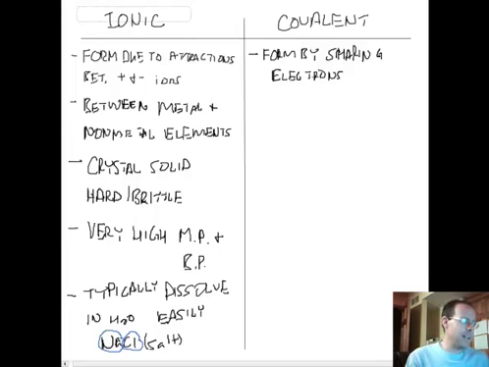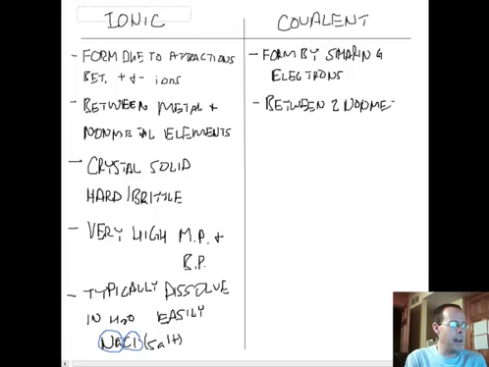There's no ionic bonds, like in covalent compounds. But covalent bonds form by sharing electrons. And they form between two nonmetals. So again, they form between two nonmetal elements.